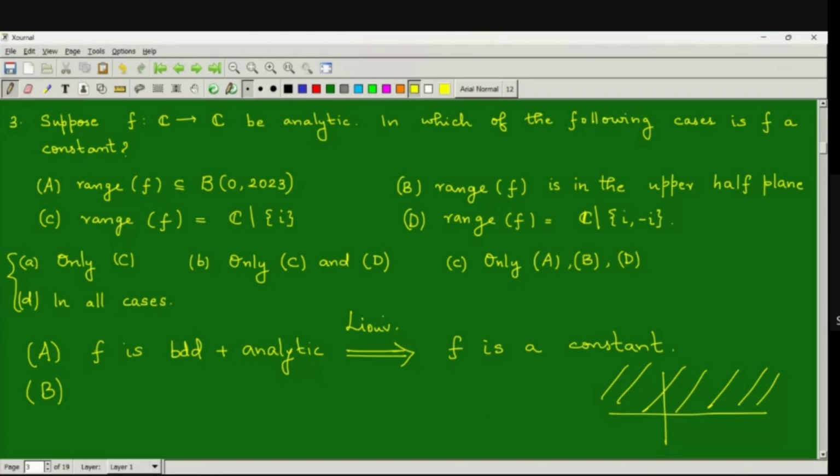So from Picard's theorem itself, we can neglect A, B, and D. In C, range of F is leaving at least 2 points, right? So B and D, everything leads to F being a constant. Now, what is an example for C? That is, range of F is actually C minus I. F is analytic, still F is not constant. What is an example?